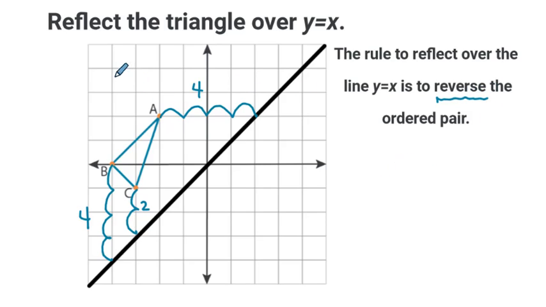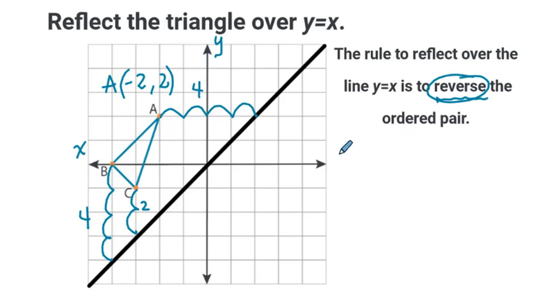So if I look at the original coordinate for A, the original coordinate was -2, +2. So -2 on my x-axis and +2 on my y-axis. So now at this point, I'm going to reverse that ordered pair.